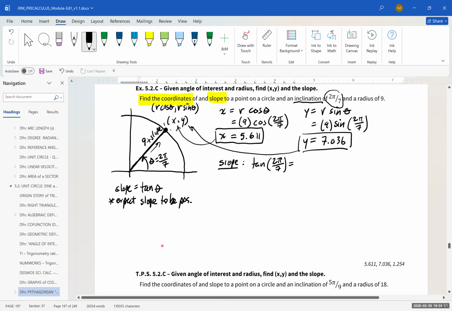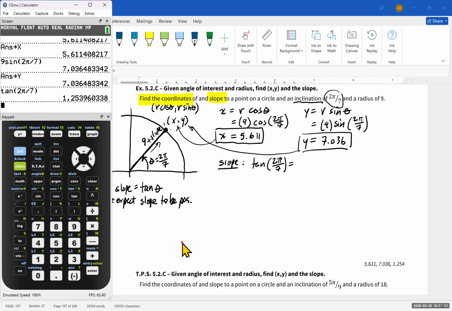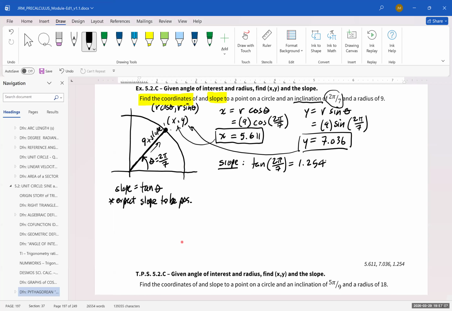So let's see what we get. Tangent of 2 pi divided by 7. We get 1.254. Okay, that is our slope of this terminal side.